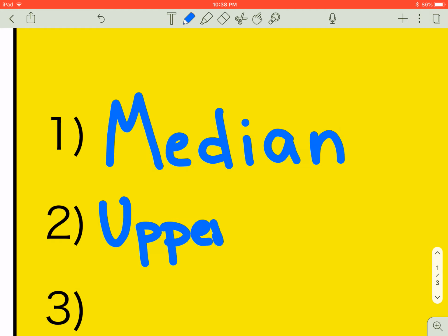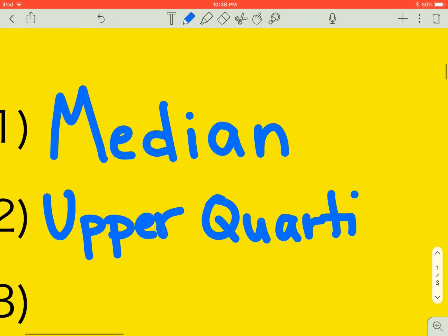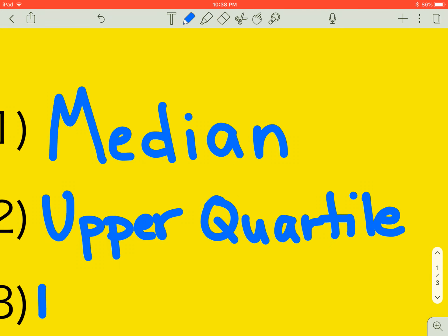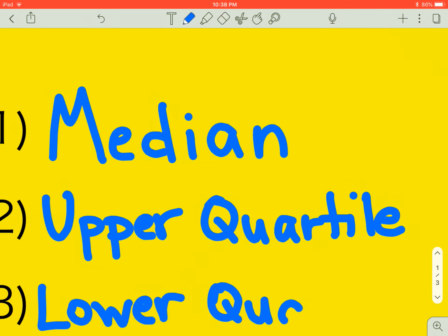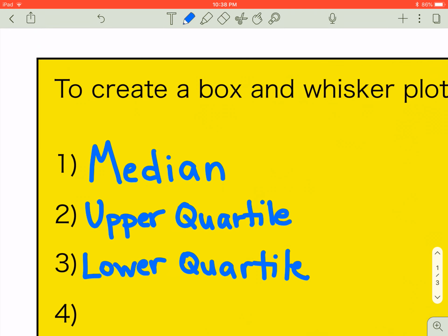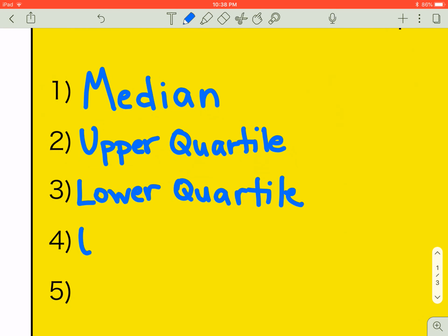We want to find our upper quartile and our lower quartile. And we will also want to find the upper extreme and the lower extreme.